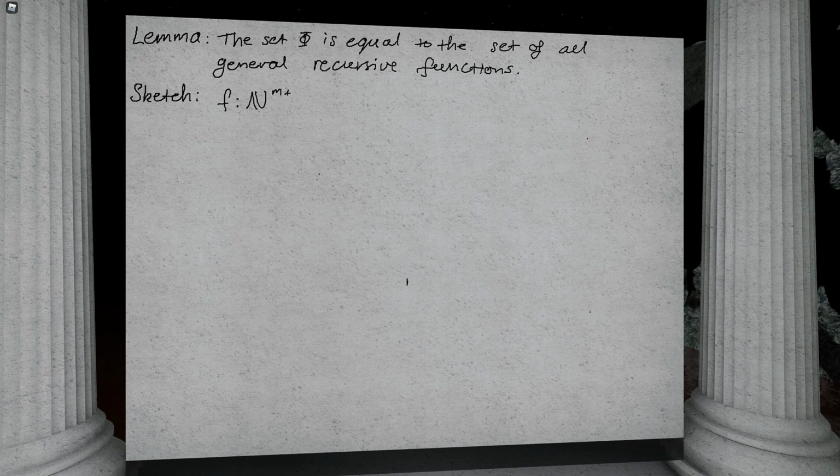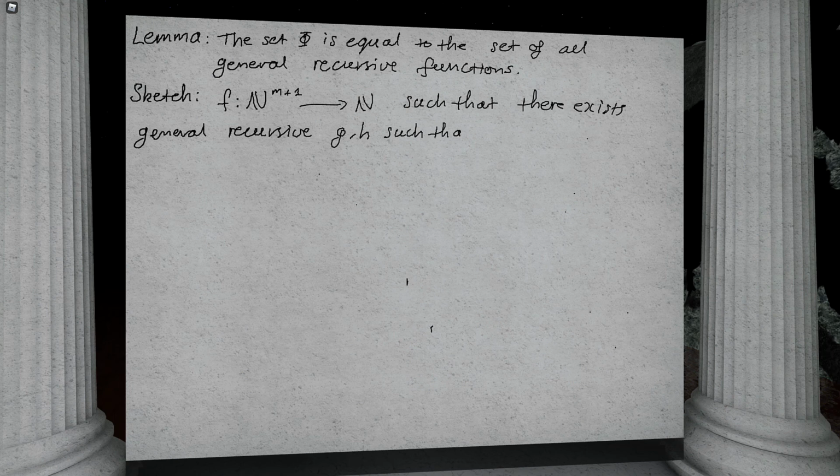So this is a function from n plus 1 tuples to the natural numbers, and I'm saying that there exist general recursive g and h such that the following holds.